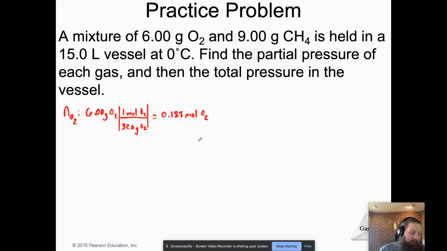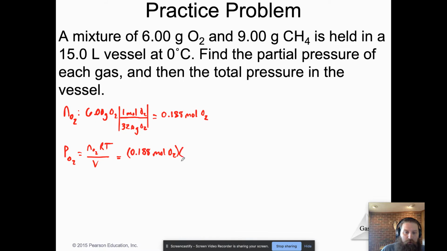I can now use the pressure of oxygen, which is equal to n of O2 times RT over V. This is my PV equals nRT equation. And now that I know the number of moles of O2, I can plug that in. So I'm going to get 0.188 moles of O2.